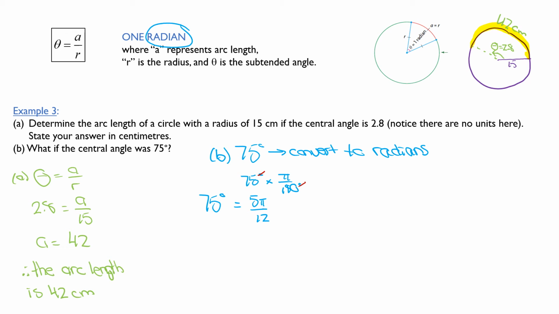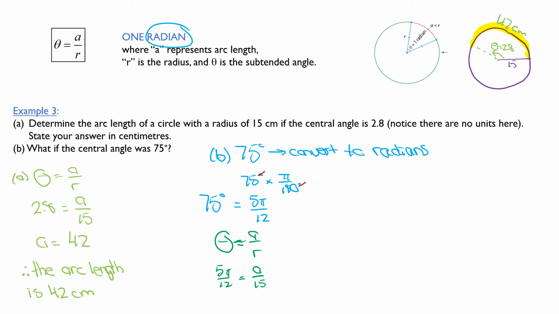So now we can go to our formula. Theta equals arc length divided by radius. So I'm going to sub in, theta is 5 pi over 12. My arc length is my unknown, and my radius is 15.